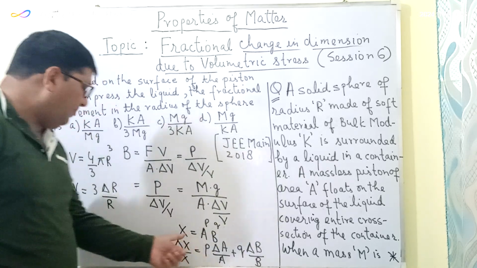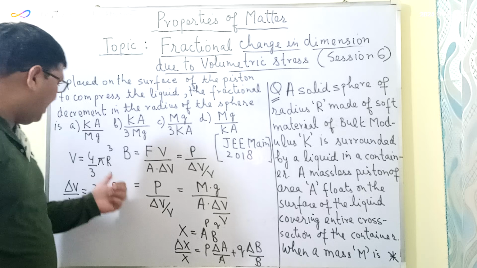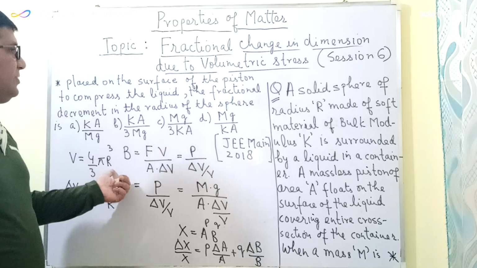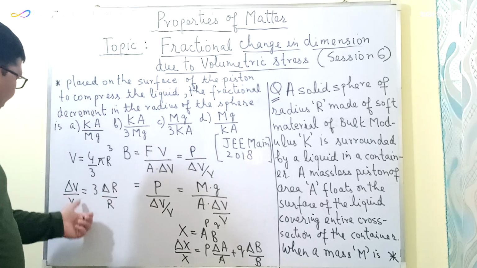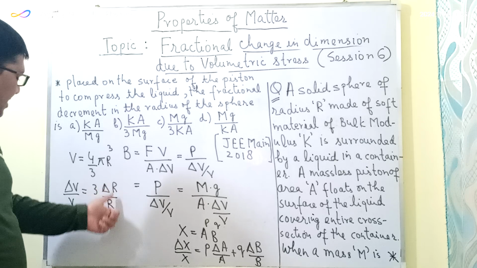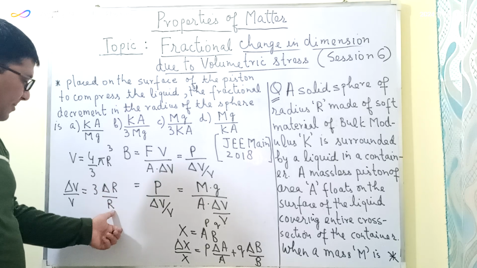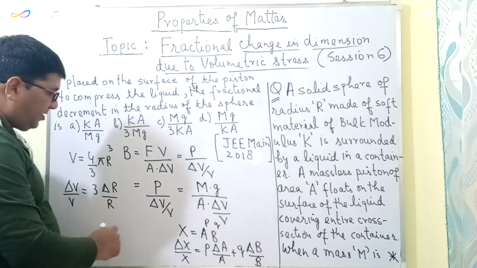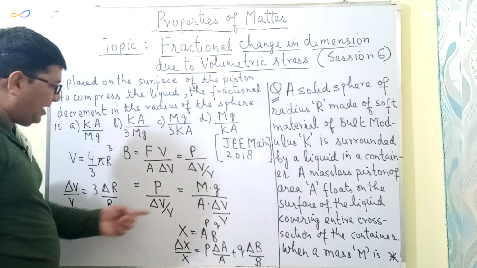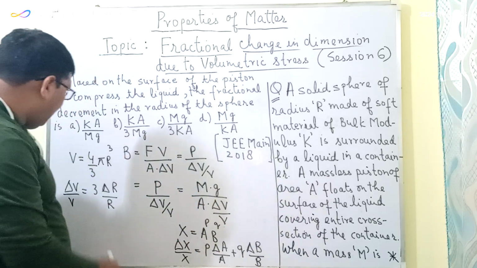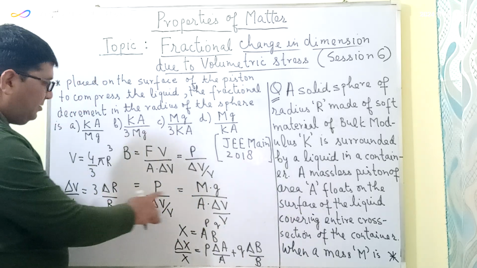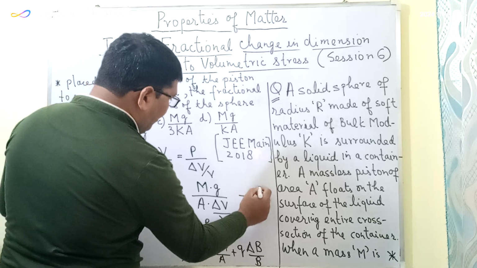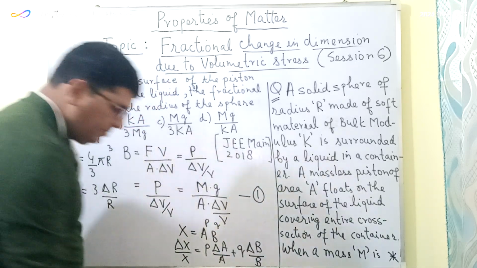If I apply this formula to the volume of this solid sphere, then delta V upon V will be equal to 3 times delta R upon R. So I will be substituting the value of delta V upon V in this equation, say this is equation number 1.